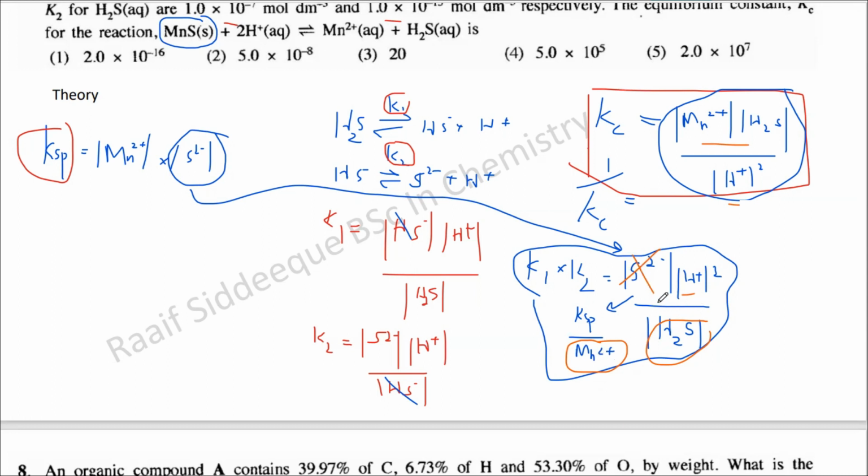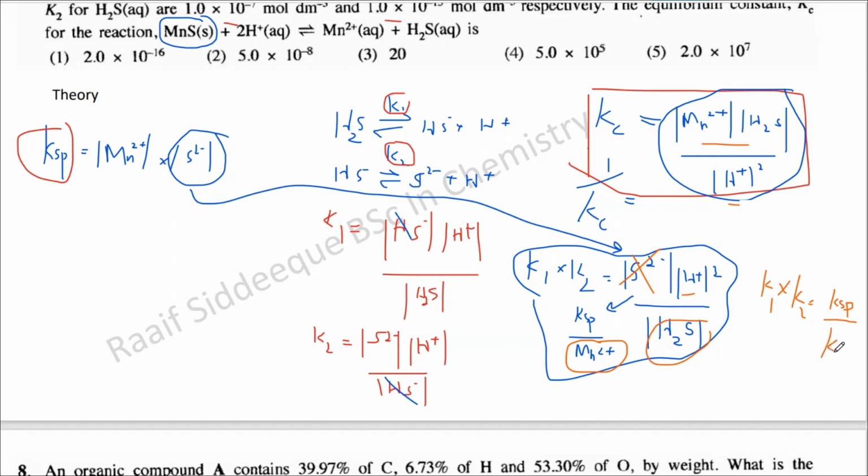And you can put this one as 1 over Kc. So K1 times K2, which is equal to Ksp, which is already here, and H+ squared over Mn2+ times H2S, will be equal to 1 over Kc.